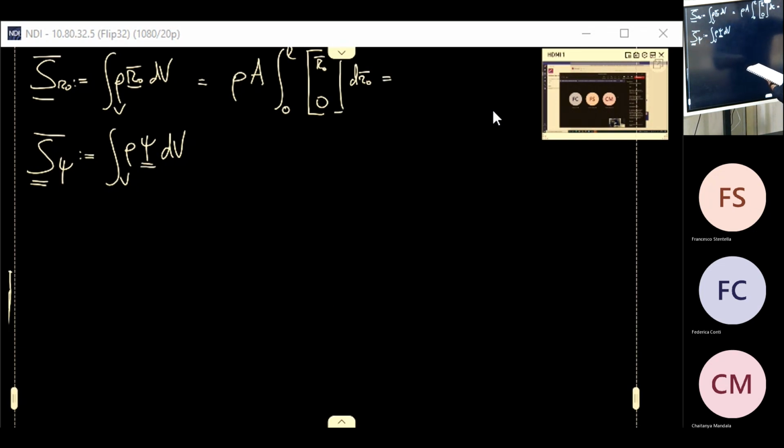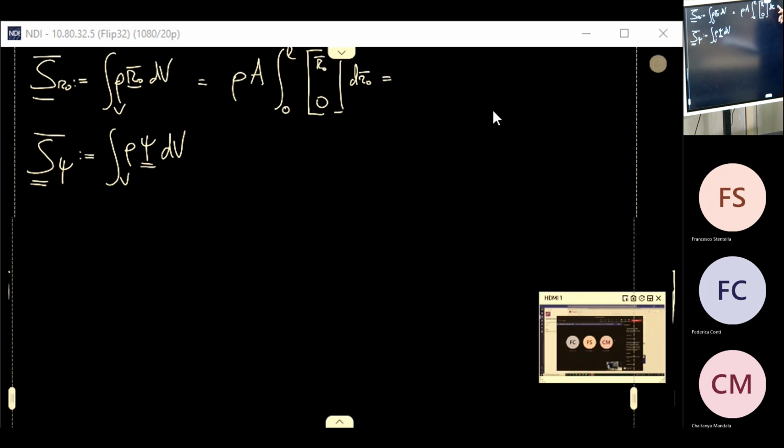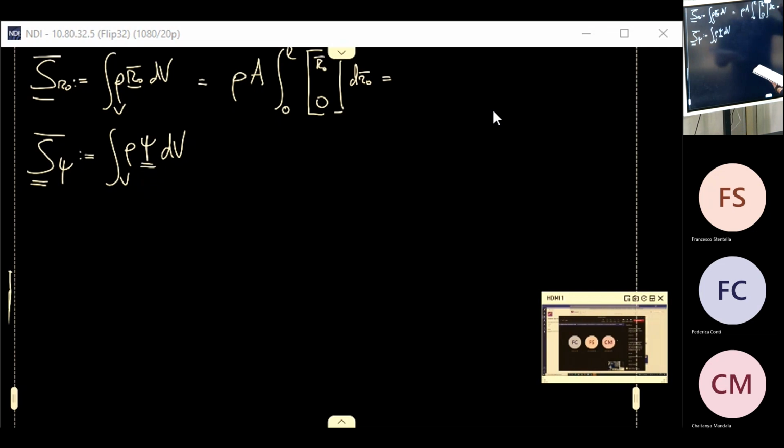Now, this amounts to what? Well, we can, again, basically normalize everything. So we have, if you want, and this is m, of course. And this is the integral from 0 to 1 of what?